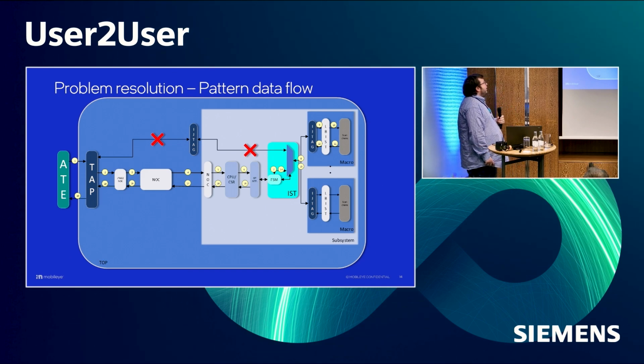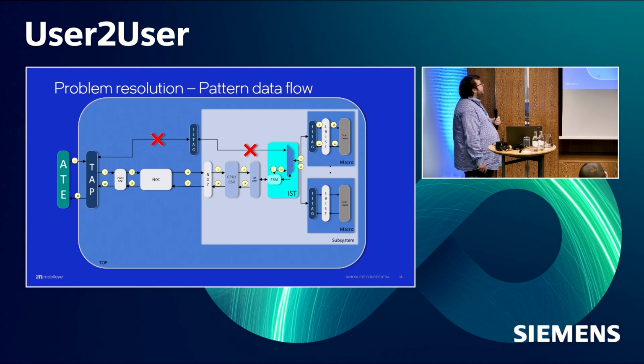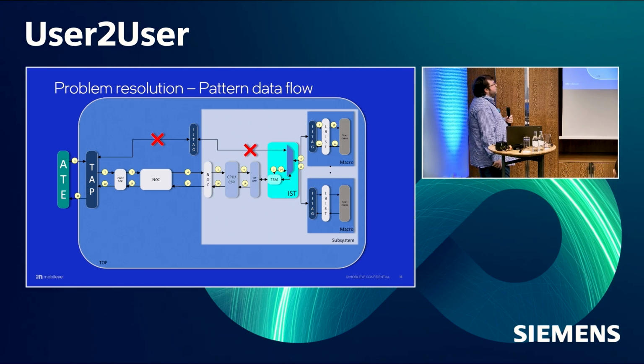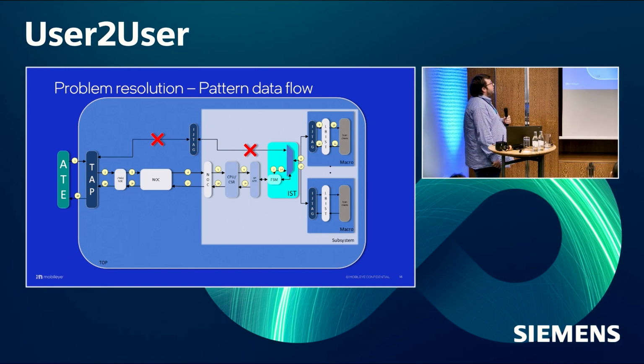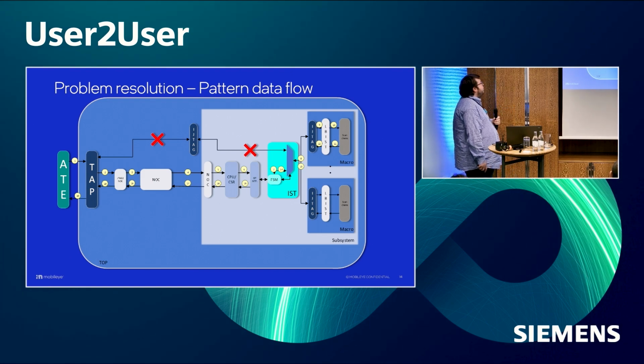Once again, if we look at the picture, we have our standard path, the upper one, which connects our TAP IJTAG to the IST controller, which allows us to run our BIST test through the ATE, basically bypassing the IST controller. So this path is not exercised in our solution.